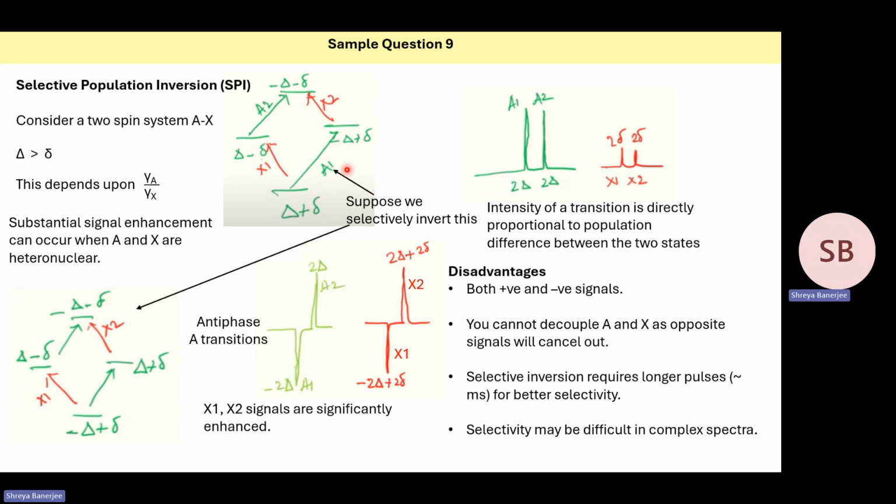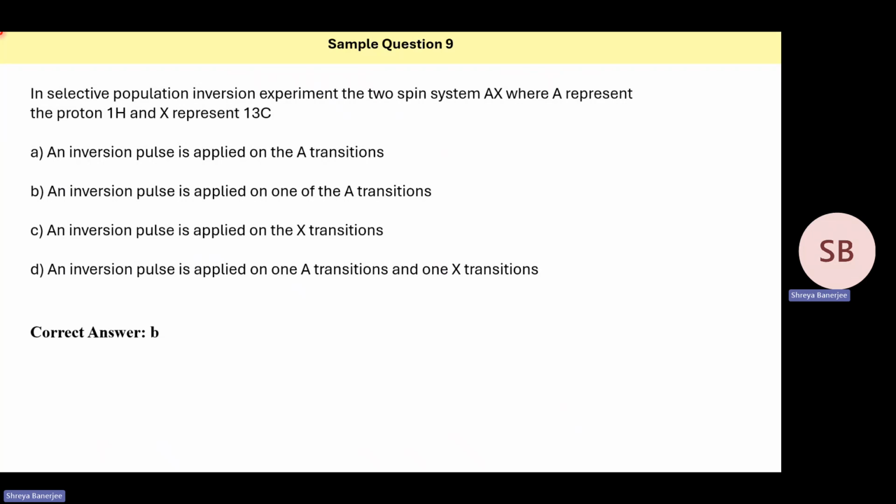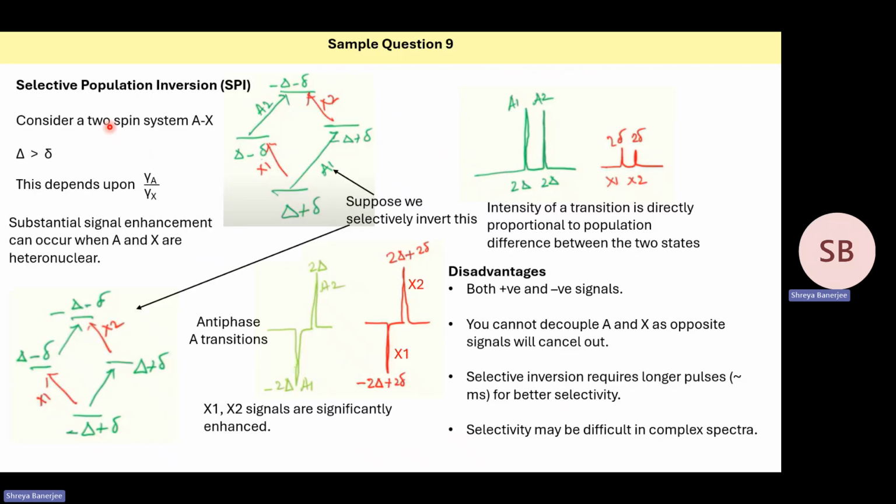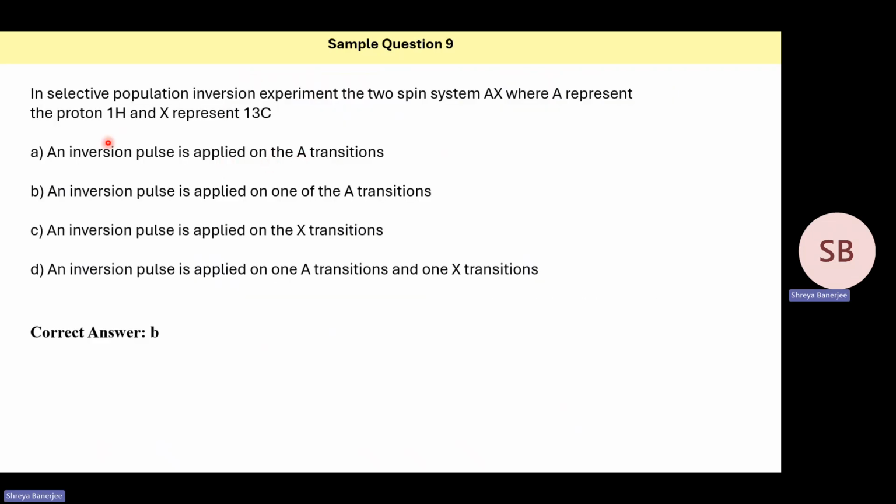We are applying the selective pulse to the high intensity signal, and we are increasing the intensity of the low intensity signal. So in 1H and 13C, the high intensity signal is 1H. We know 13C is the low intensity signal. So in this case, the high intensity signal is A, and that is where we are applying the pulse. So we are applying the inversion pulse to 1H, which is A.